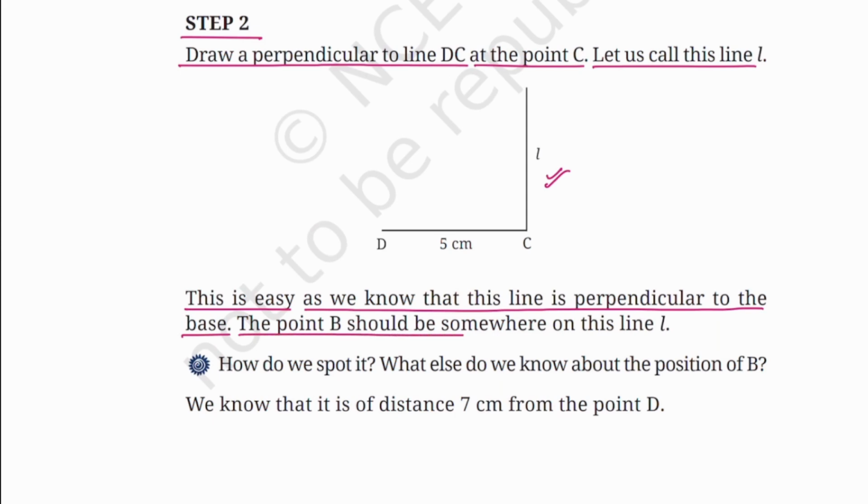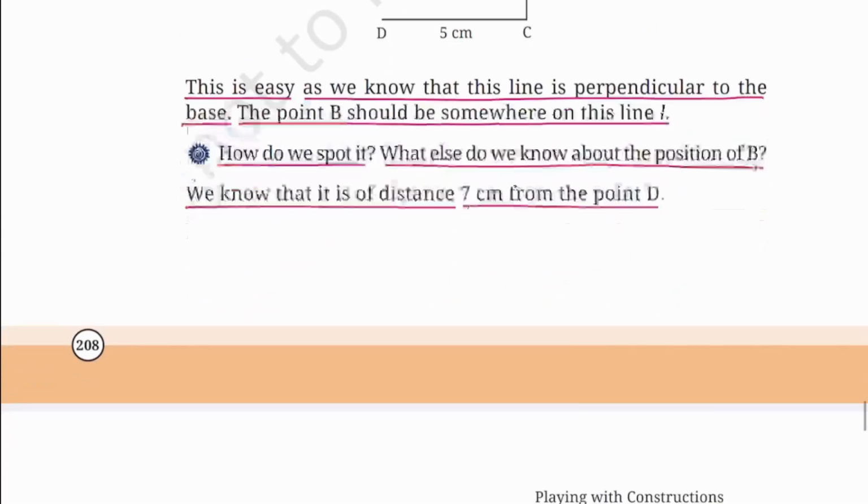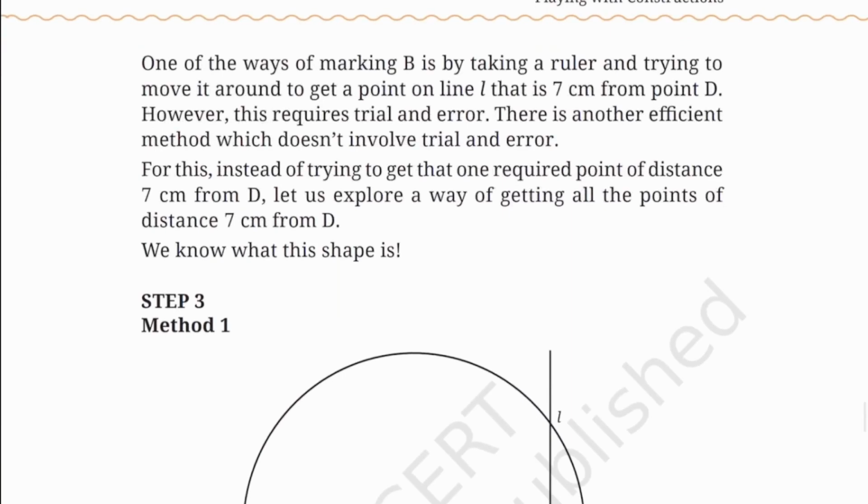This is easy as we know that this line is perpendicular to the base. The point B should be somewhere on this line. How do we spot it? What else do we know about the position of B? We know that it is at a distance of 7 cm from the point D. One of the ways of marking B is by taking a ruler and trying to move it around to get a point on line L that is 7 cm from D. However, this requires trial and error.